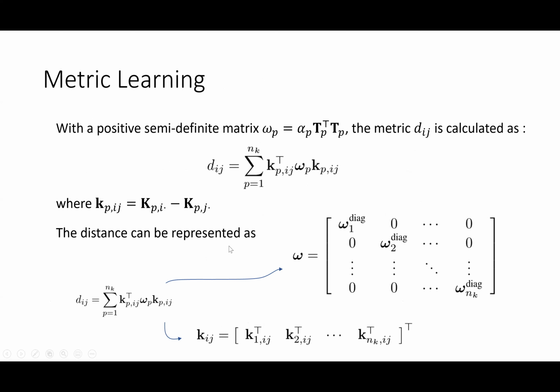So basically we see, by learning the distance between two elements, I and J, each pair I and J is measured by P aspects of couplings, like I illustrated earlier.